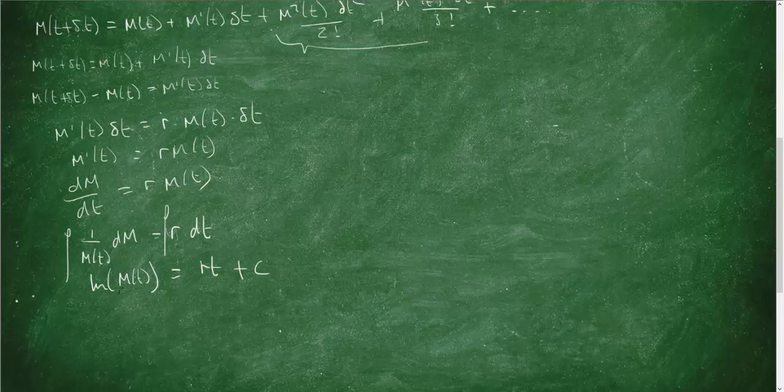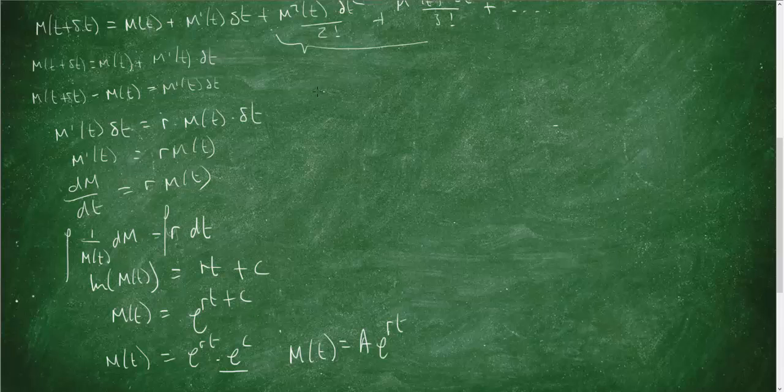If we take the exponential of a log, we would have just m of t, and the exponential of the right hand side is e to the rt plus c. Another way we can write this is m of t equals e to the rt times e to the c. So this is just a constant, so we can let that equal a. So if we do that, we would have m of t equals a e to the rt.